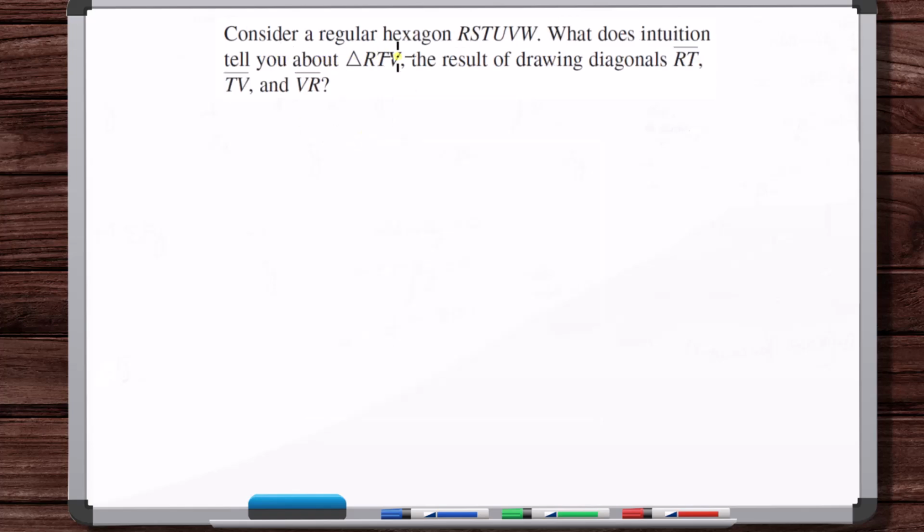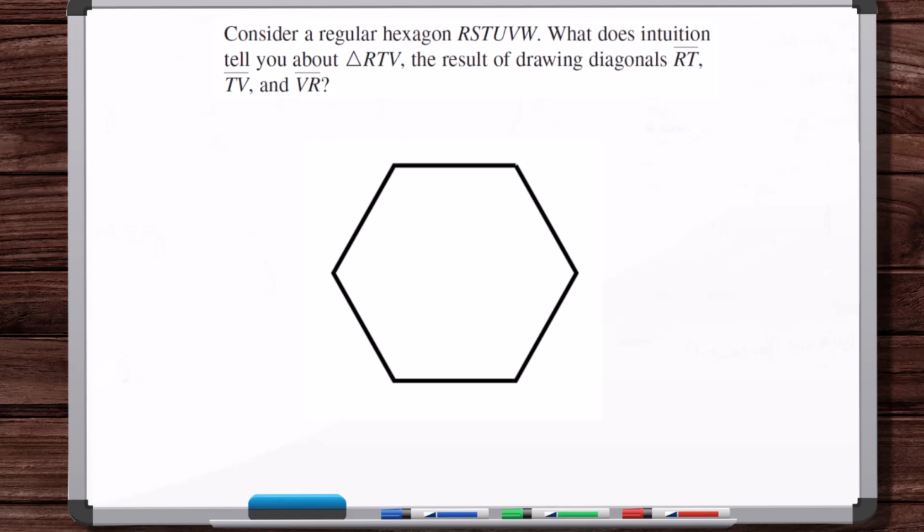Consider a regular hexagon, RSTUVW. What does intuition tell you about triangle RTV, the result of drawing diagonals between those vertices? So, okay. We've got this regular hexagon here, and so let's put the vertices. We have to honor the order.